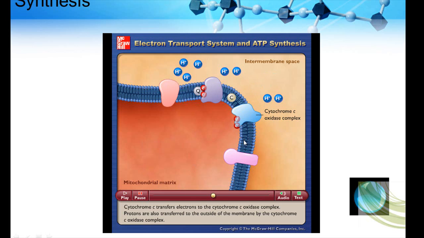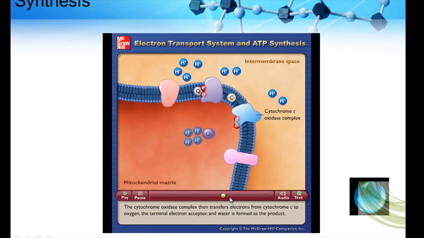This is a permeable membrane. So when you get a lot of hydrogen ions up here and not very many down here, they're going to try to diffuse across. We talked about this in diffusion. And they will diffuse across through this little guy. This is ATP synthase.